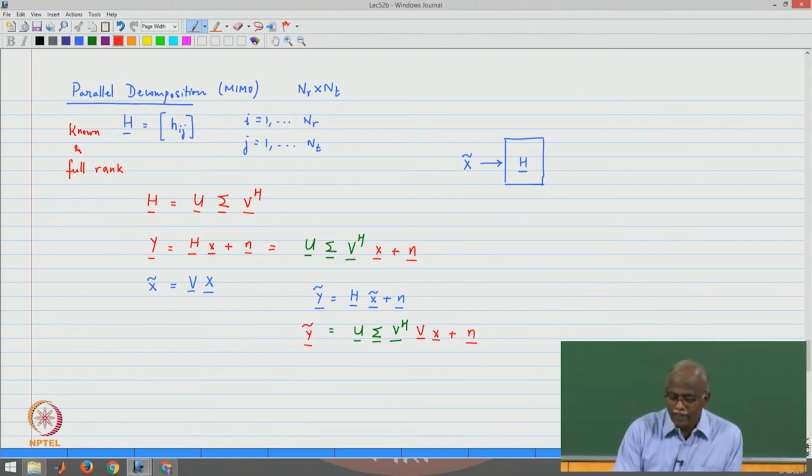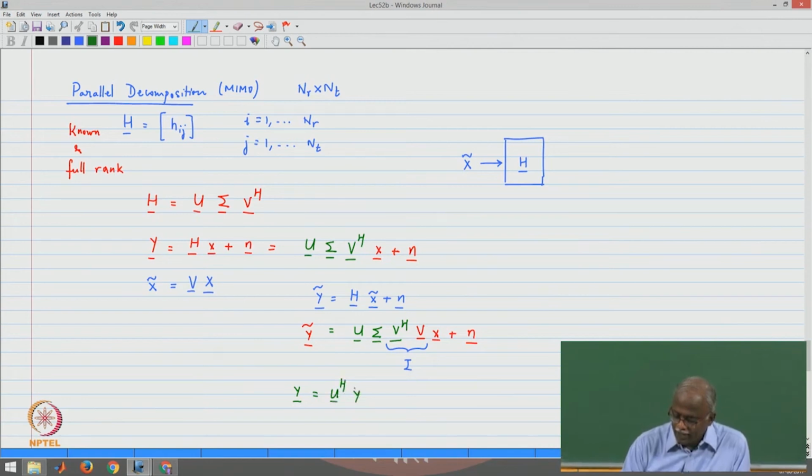Since V is a unitary matrix, V Hermitian times V is an identity matrix. So, therefore, we can simplify this expression, and one more step that we do is to say that y is equal to U Hermitian y tilde.